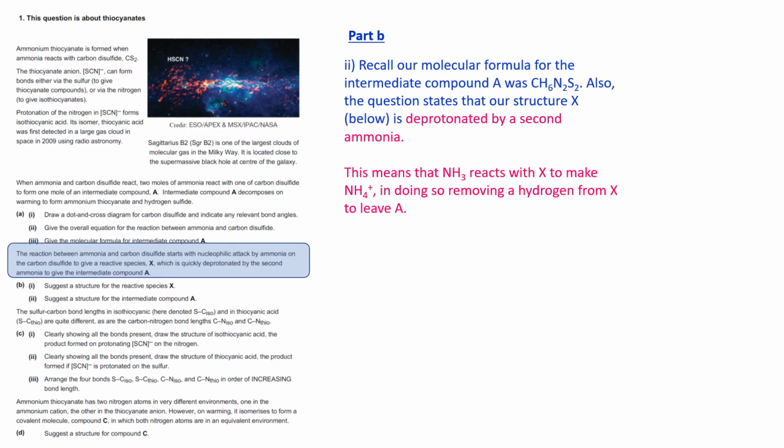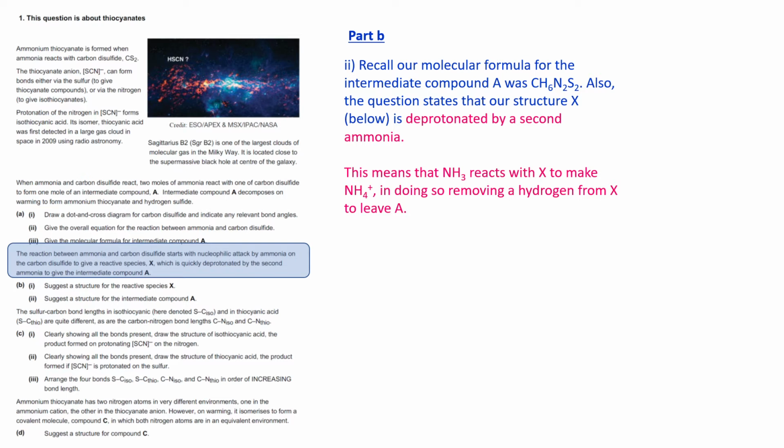Then it says for part II, suggest a structure for the intermediate compound A. Recalling our molecular formula of the intermediate compound was CH6N2S2, and the structure is deprotonated by a second ammonia.